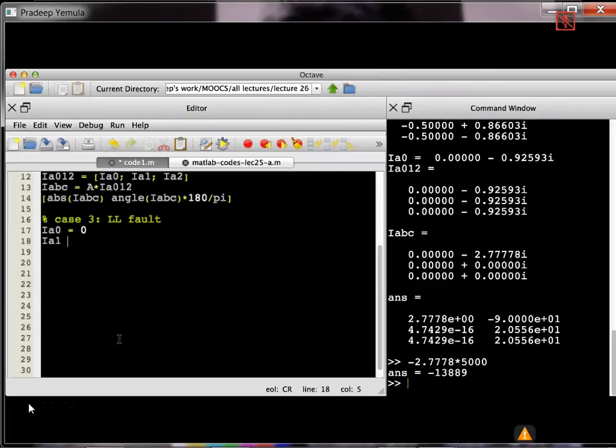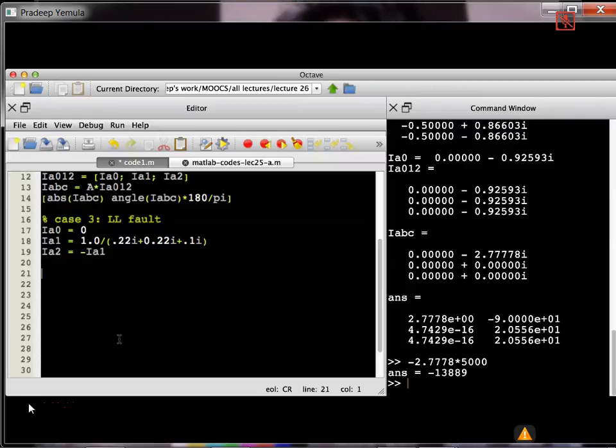IA1 is nothing but 1.0 divided by 0.22j plus 0.22j plus 0.1j. IA2 is nothing but minus IA1.